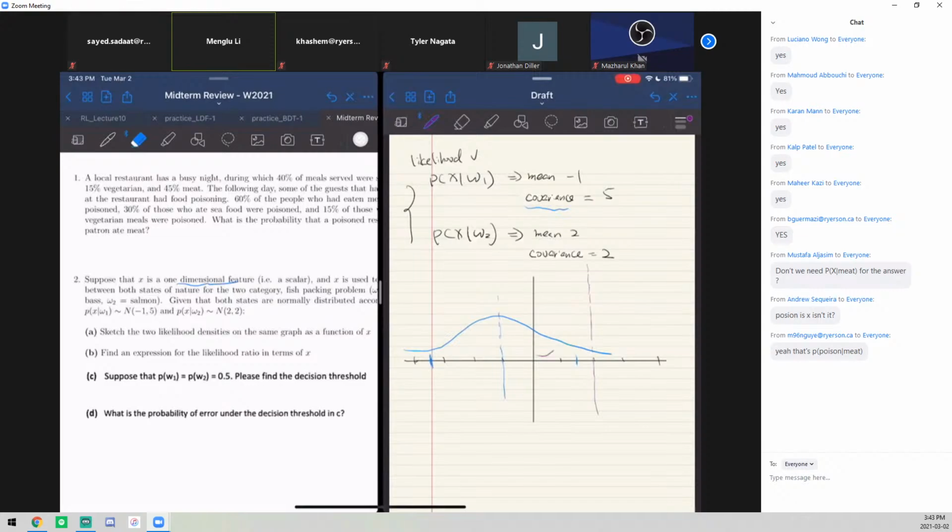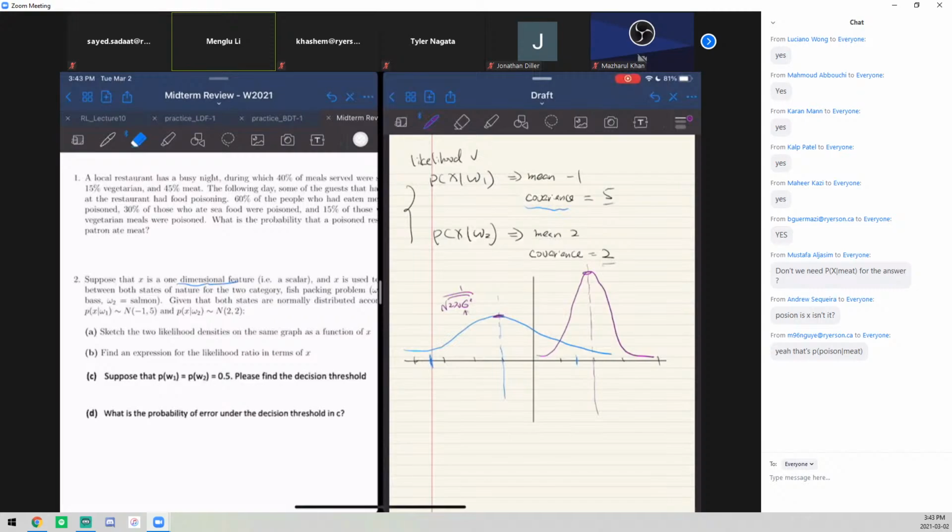It will be something like this. The maximum value of the Gaussian is this one, so we can plug in 5 and 2 here.